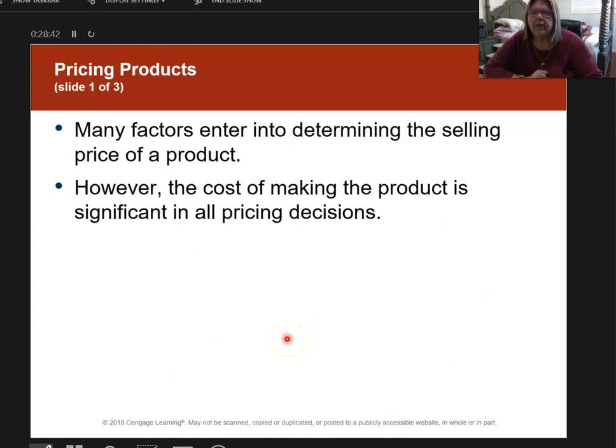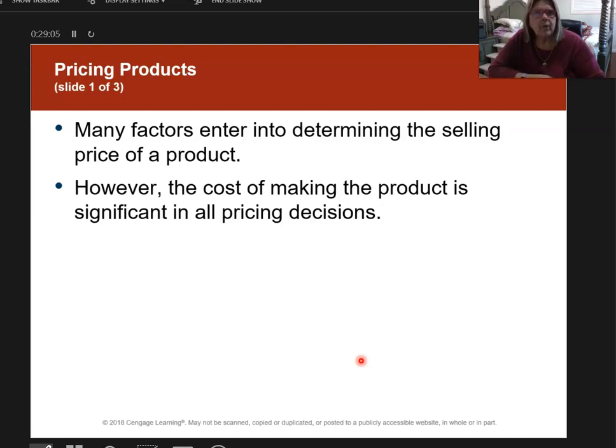Okay. These are really important factors in understanding how I'm going to determine my selling price. Ultimately, the cost of making the product drives the pricing decision. I've been in sales for 30 years and I lived on commissions, where I made commission based upon the markup percent of the product.